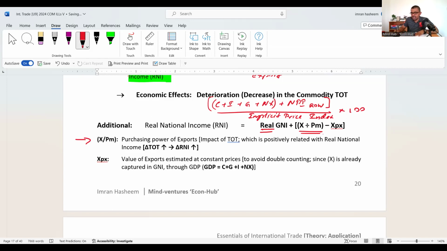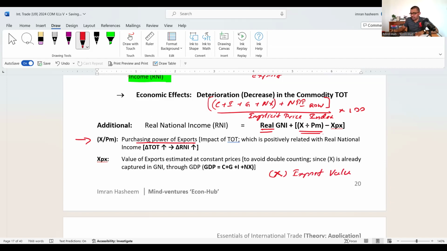X divided by PM means purchasing power of exports. So what is X? Capital X here is export value. If you want to make a note, totally okay.